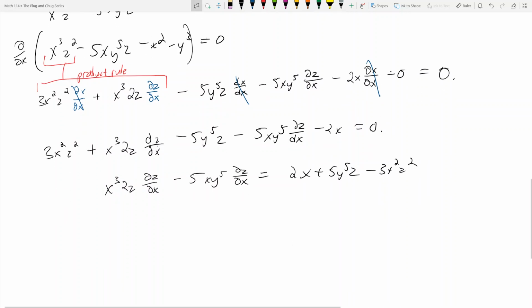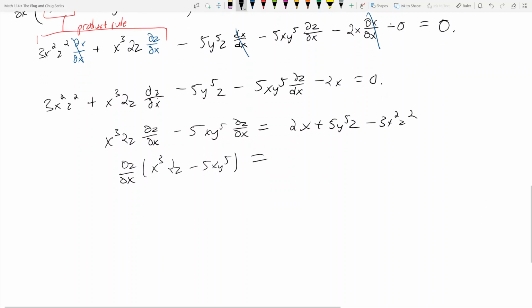And then the last step, factor out this dz/dx, right? And now you have x cubed 2z minus 5xy to the fifth is equal to the right-hand side, still the exact same.